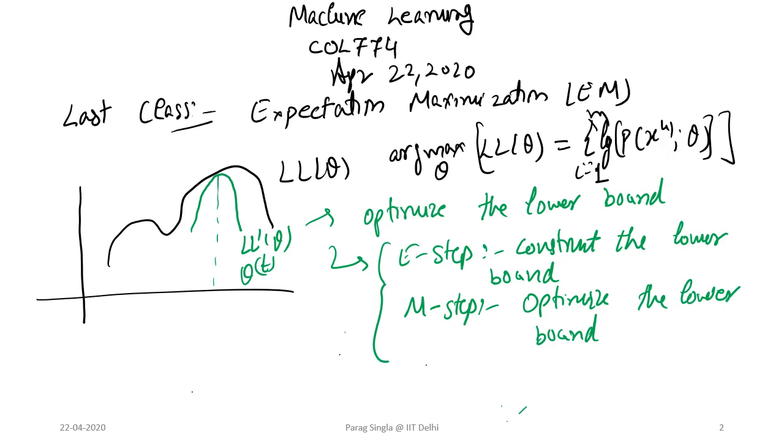We repeated this process again and again, constructing a better lower bound and then optimizing it, and we showed, or at least gave a very broad indication, that this process converges to a local optimum of the log likelihood function. Now let me describe the entire thing more in an algorithmic schematic.